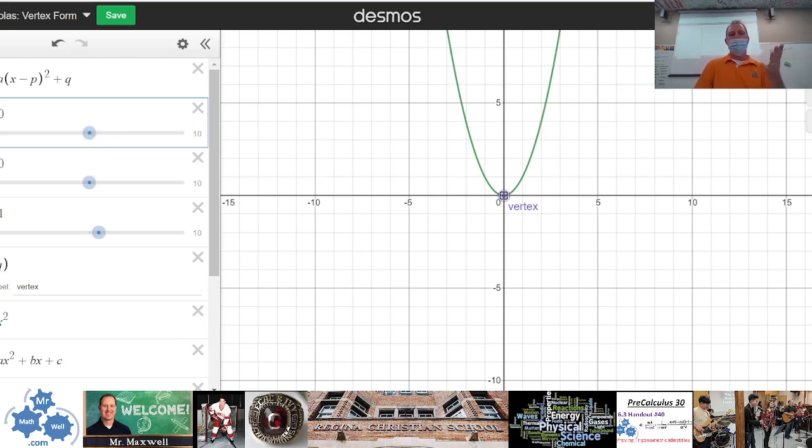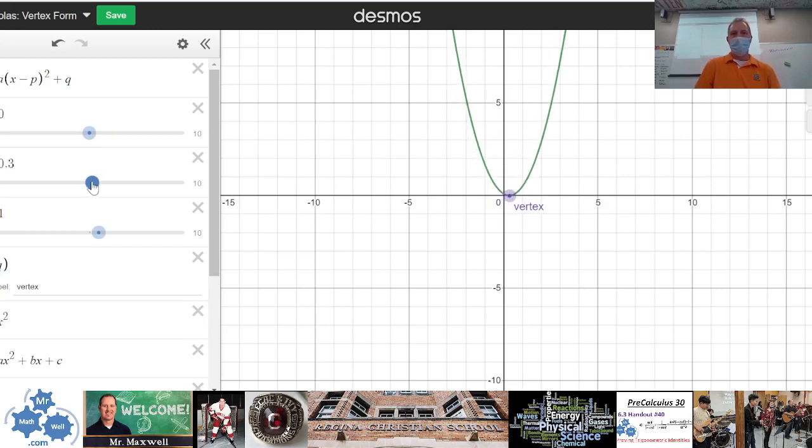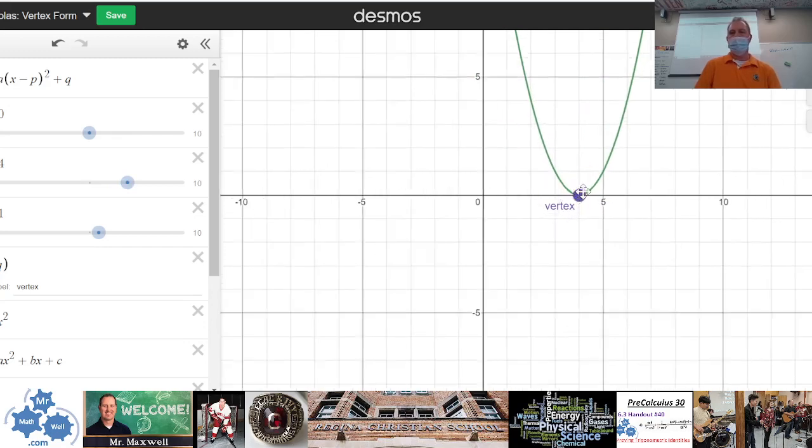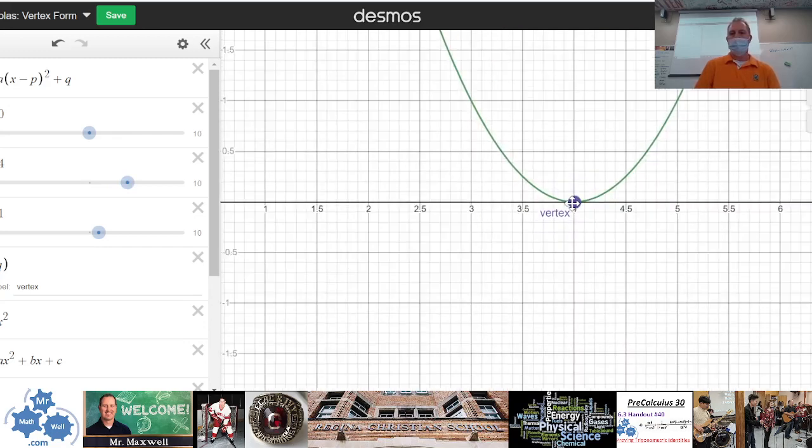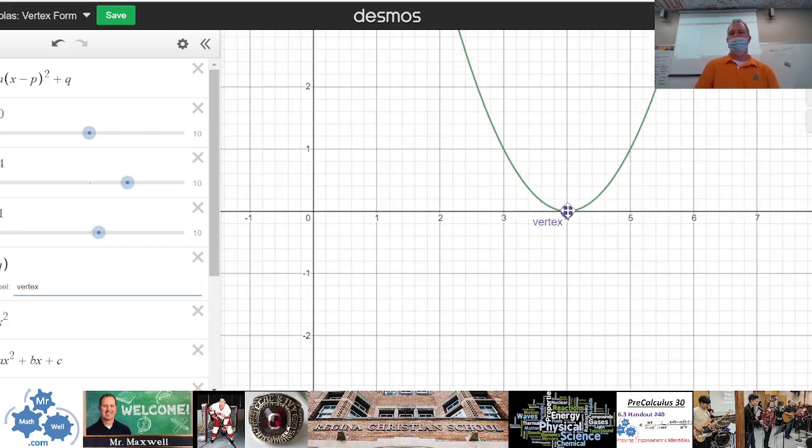So if I move p, look at what happens. Oh wait, that's q, I'm sorry. Here's p down here, thank you. If I move p, this becomes x minus 4 inside there. I have the vertex here. It's not going to show me the points, but this is 4, comma, 0.